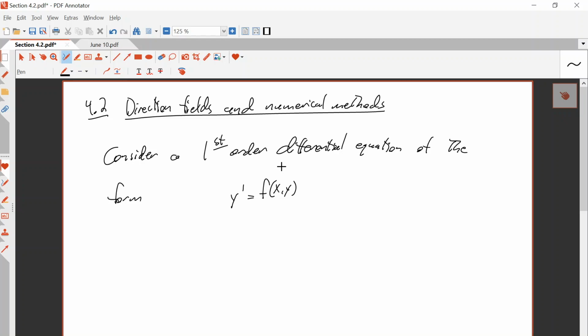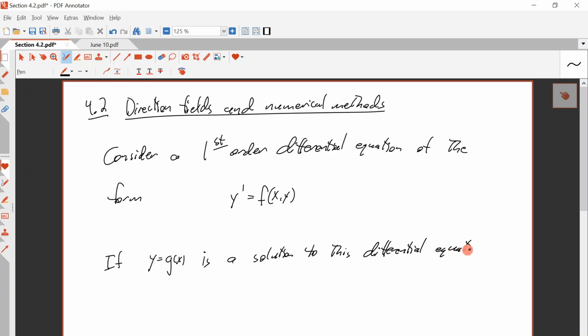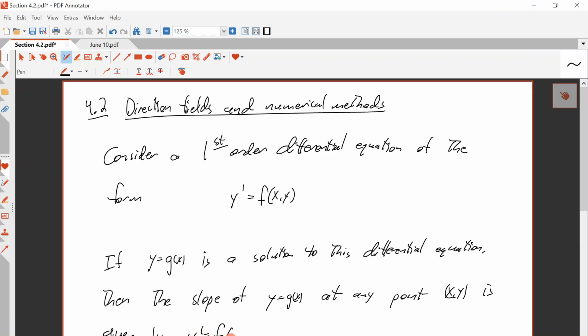In this case, any solution to this differential equation, if y equals g of x is a solution to this differential equation, then the slope of y equals g of x at any point (x, y) is given by y prime equals f(x, y), right?